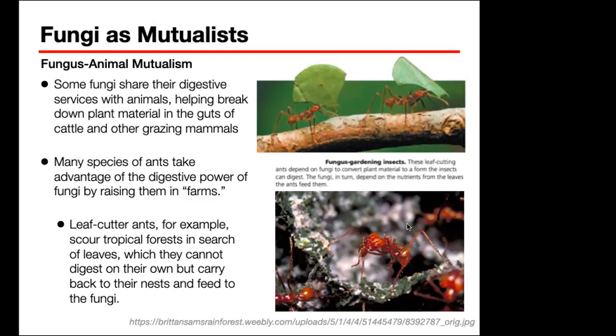And not only do the fungi break down these plant leaves into substances that these leaf cutter ants can digest, these fungi also detoxify yung inherent na plant defensive compounds that would otherwise kill or harm the ants. So two-way siya. Okay?